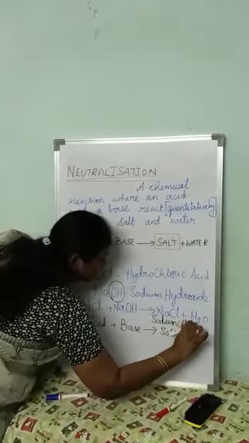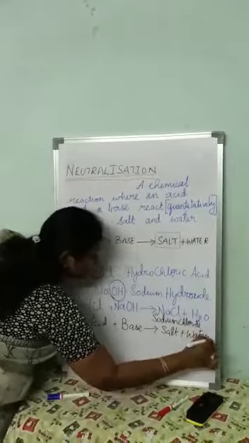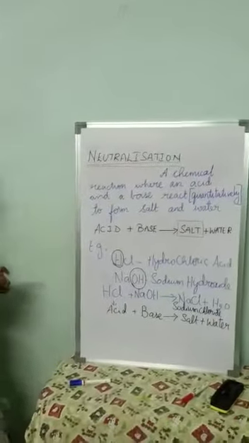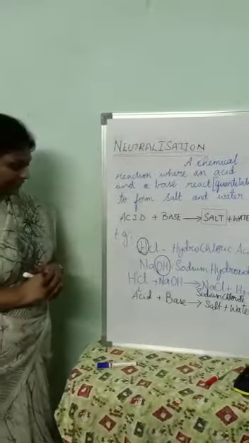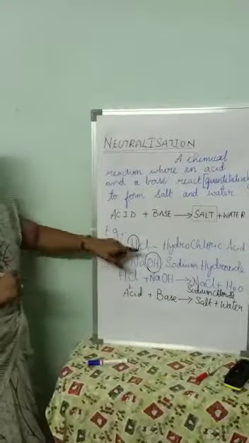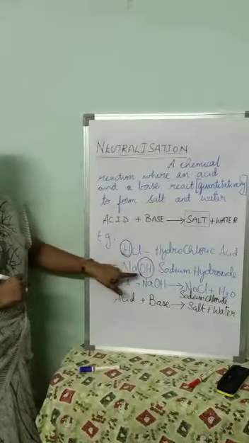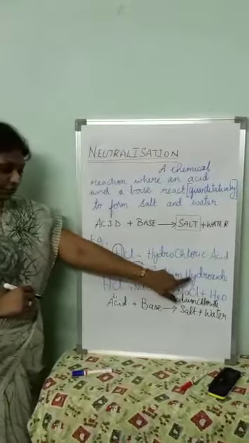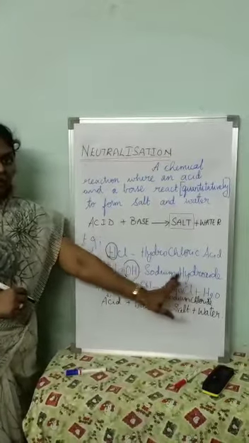Sodium chloride, along with water. So this is one best example which we can discuss when it comes to neutralization. HCl, that is hydrochloric acid, when it reacts with NaOH solution, that is sodium hydroxide, is going to give you sodium chloride along with water.